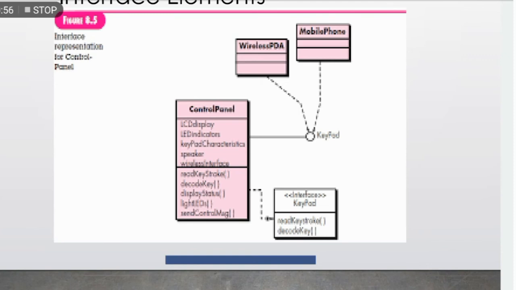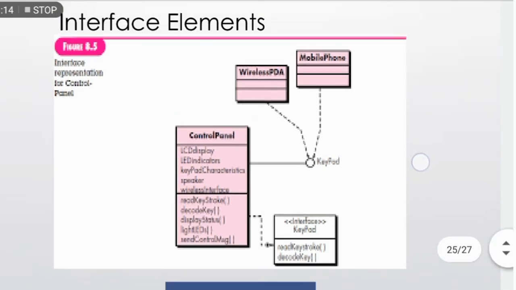These operations will be provided to other classes that access the interface. So the interface is between your control panel and the keypad. The same interface can be used for your keypad, through which you can read the keystroke or decode the keystroke. So these are your interface elements.